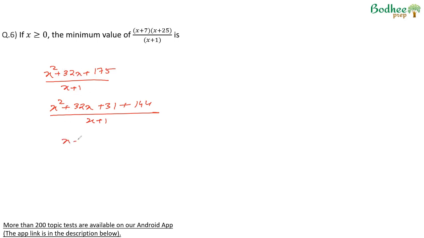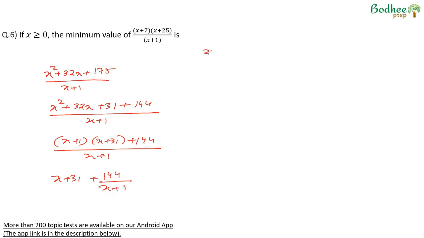So this becomes (x + 1)(x + 31) plus 144, upon x + 1, which further can be written as, dividing this product by x + 1, you're left with x + 31 + 144/(x + 1). x + 31 can be written as 30 + (x + 1) + 144/(x + 1).